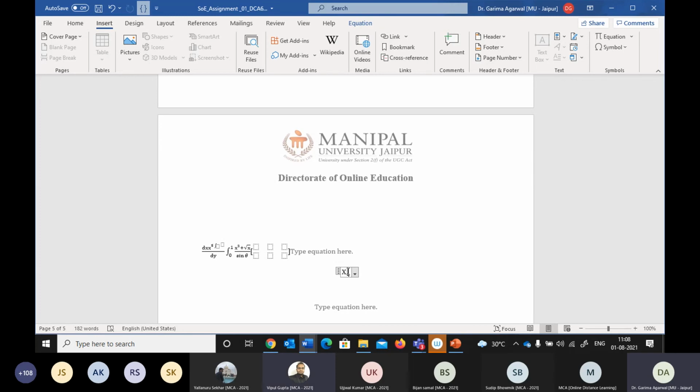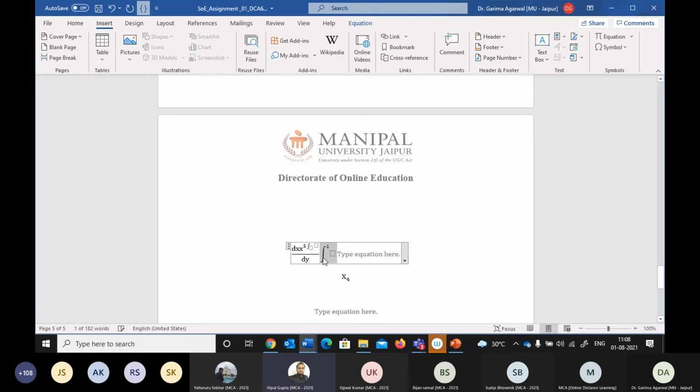In the Word file also, you can write all the mathematical symbols, X, Y, Z, all the mathematical symbols are available. All right. So we need to use the Word file in the exam, right? Yes, this is the easiest way, I guess.